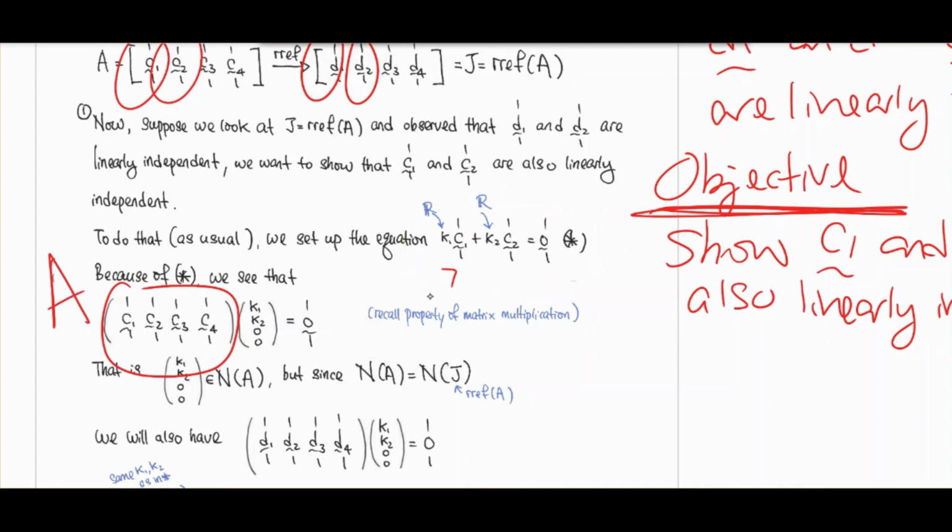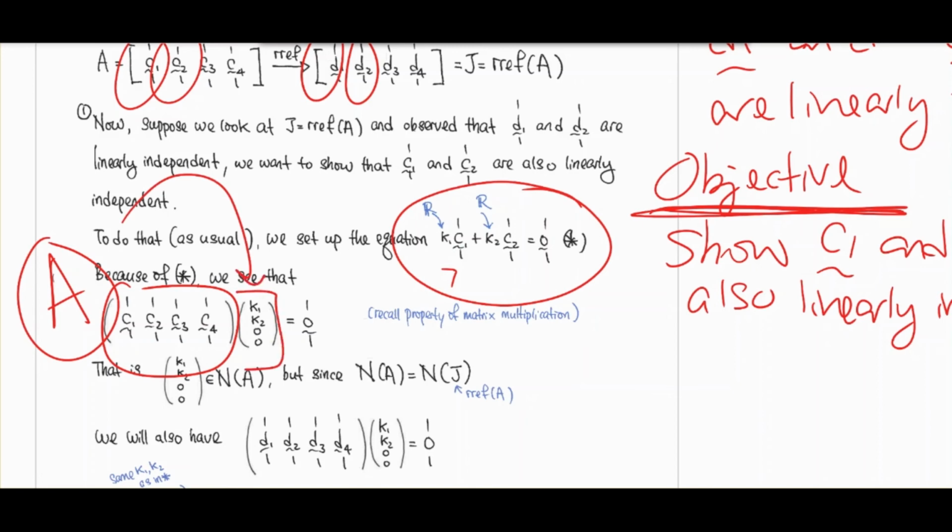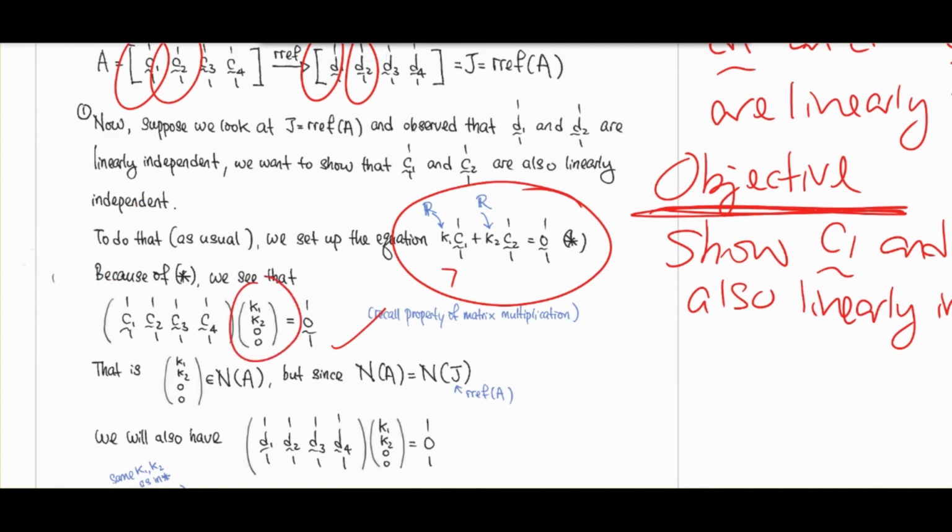So what we see is that, having set up these equations, we have A multiplied by K1, K2, 0, 0 equal to the 0 vector, which means this vector K1, K2, 0, 0 is in the null space of A. That's the definition of a vector being in the null space of A: A multiplied by this equals the 0 vector. Now, the null space of A and the null space of the RREF of A are the same.